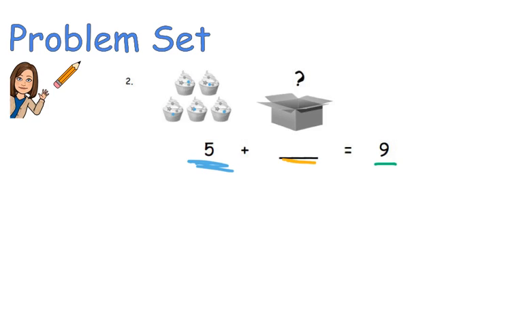Again, I'm going to count on. We have 5 cupcakes already. 6, oops, there we go. 7, 8, 9. So how many more did I draw? 4. So we're going to write 4 on the line.